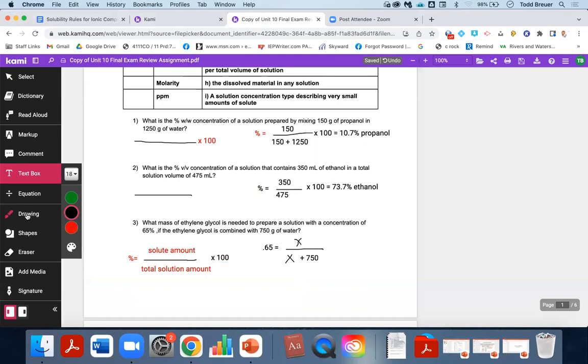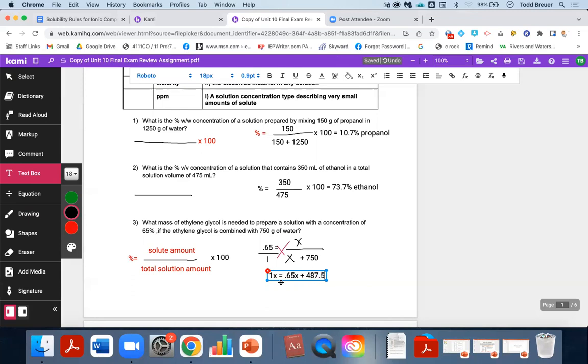So if we want a nice, easier way to deal with this, we think of 0.65 as a fraction. We can cross multiply. When we do that, we'll end up with an equation. And we'd take 1 times X, which would be 1X, 0.65 times X. We're distributing 0.65 to X and to 750. 0.65 times 750, we get 487.5.